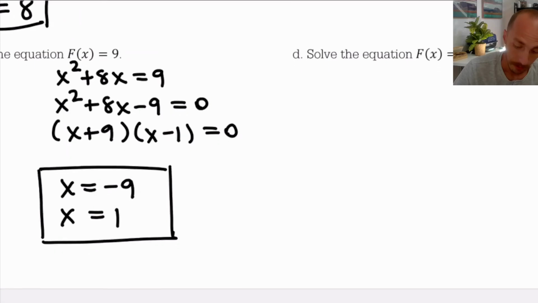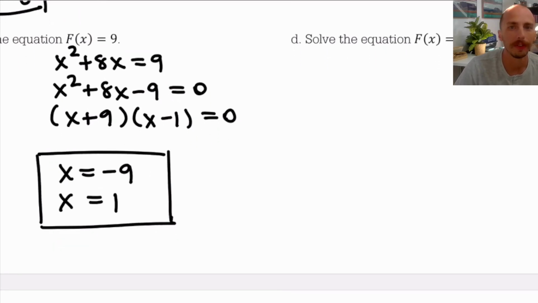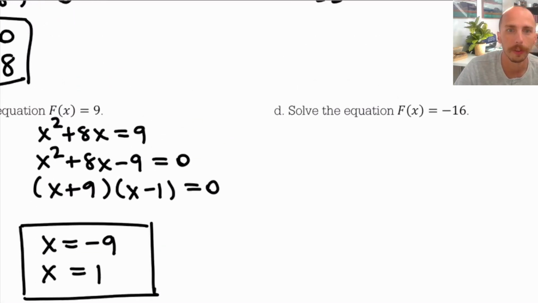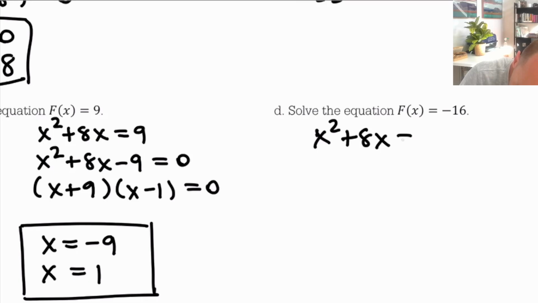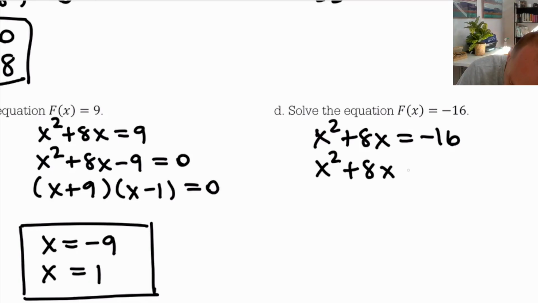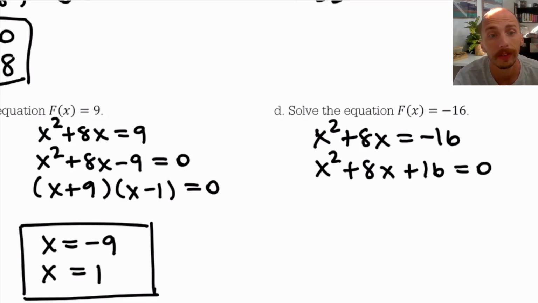And then if we're solving the equation f of x equals negative 16, which there you can see it, we're going to do the exact same thing. So that's x squared plus 8x equals negative 16. I'm going to set this thing to 0 by adding 16 to both sides. What are two numbers that multiply to 16 and add to 8? That would be 4 and 4.